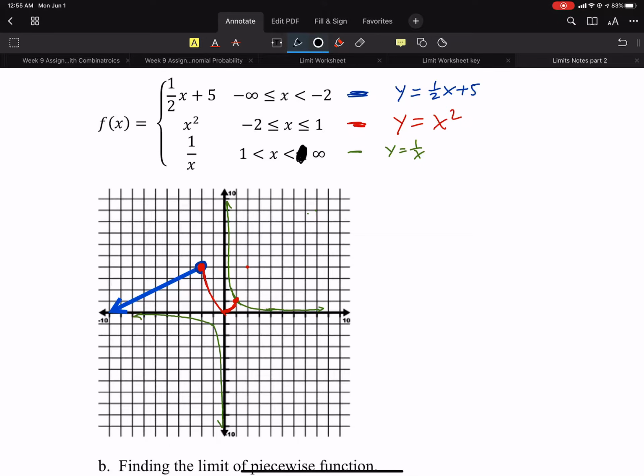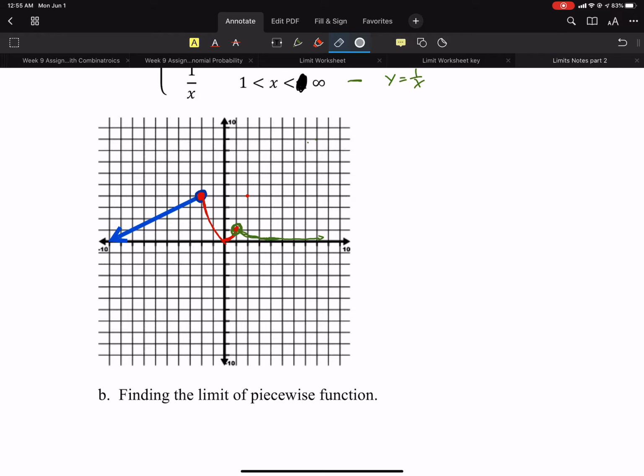So from 1 to infinity, not including 1, it looks like 1 over x. So what does that mean? Anything to the left of 1 doesn't exist, so I'm going to erase everything to the left of 1. Bammo. And then there's going to be a circle at negative 1. Let's get rid of that piece. So that is a piecewise function, how to draw one.